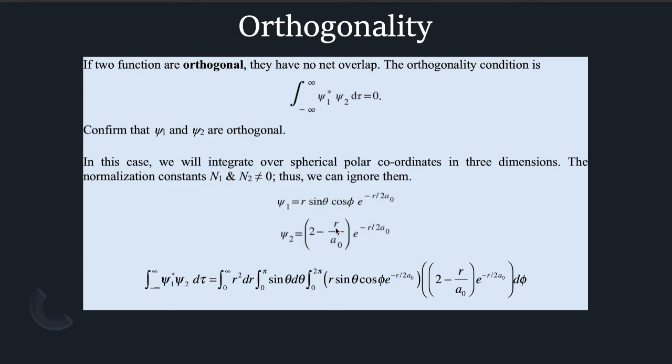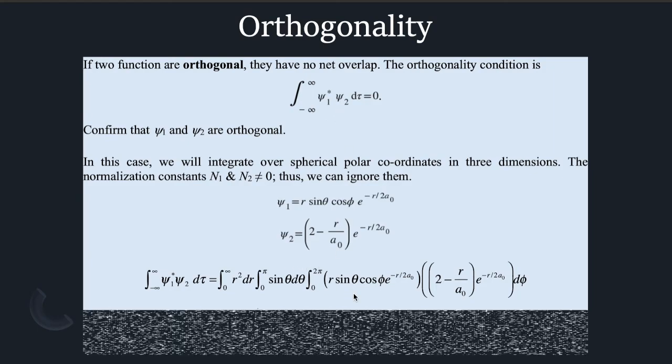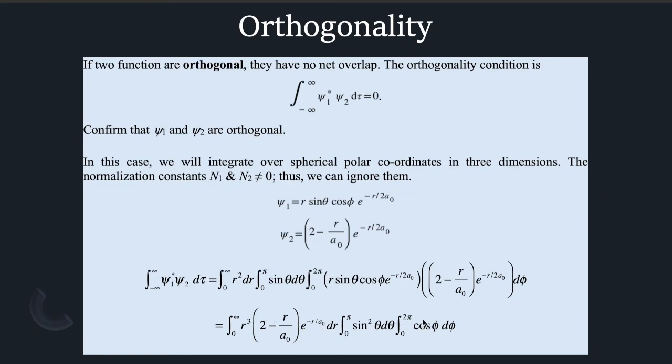Here we have our 2 wave functions. Again, they're both real functions, so the complex conjugate is the same as the wave function itself. Then we substitute in for psi1 and psi2 and form our triple product, 3 integrals, 1 over phi, 1 over theta, and 1 over r.